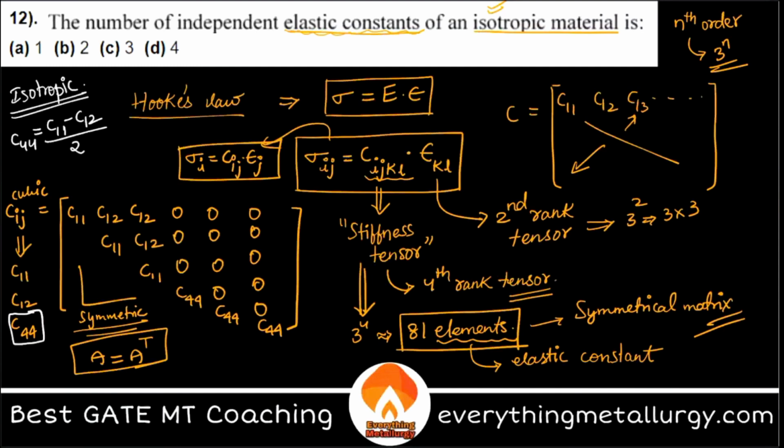So out of the three independent constants, you can say that you only need 2 now, because we have a relation here, right? So for an isotropic material, you have 2 independent elastic constants. Of course you may have 3, but only 2 are independent. If you know 2, the third one is automatically known, right? This is about the independent elastic constants.